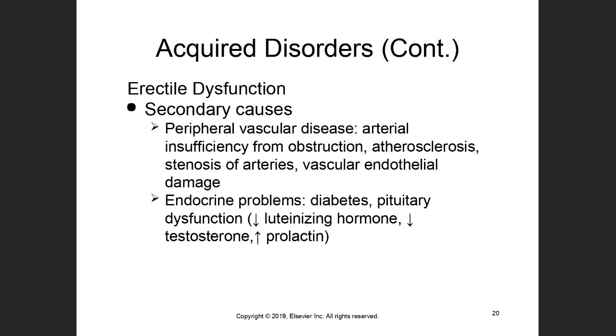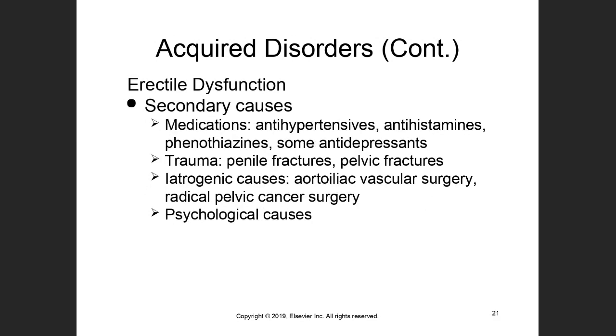The secondary cause is the most common one and could be due to peripheral vascular disease, especially in patients with diabetes, coronary artery disease, okay, arterial insufficiency, atherosclerosis, stenosis, okay, and endocrine problems like diabetes, pituitary dysfunction, okay.